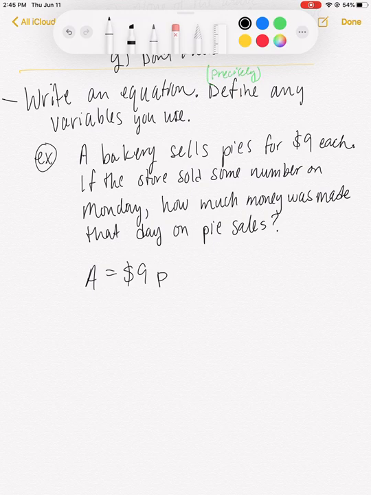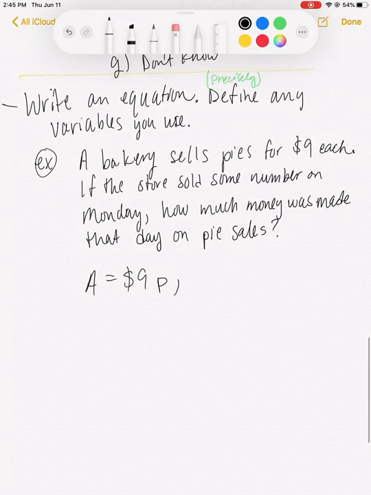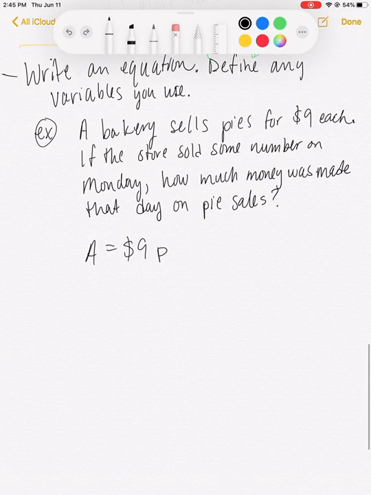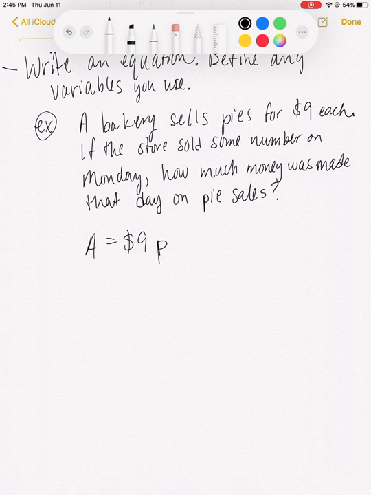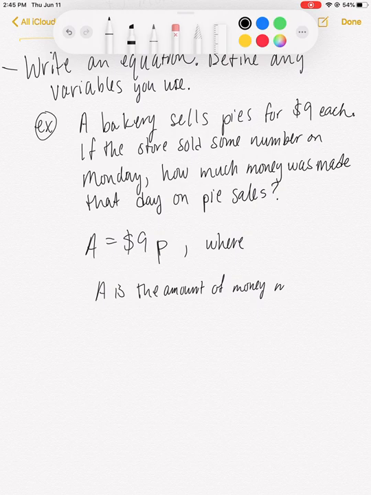Okay. Now it says to define any variables that we use. We need to precisely define these. So what we can do is put a comma here where A is the amount of money made on Monday.